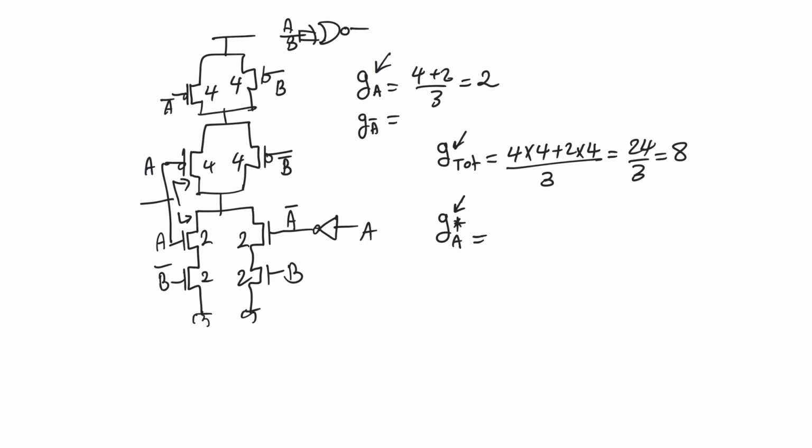So this is going to calculate the input capacitance switched when A and A bar are both active at the same time. And so we're going to have 2 plus 2, these are the input capacitances seen from A bar and A in the pull-down network, plus 4, their capacitance seen in the pull-up network, divided by 3, which is 8 plus 4, which is 12 over 3, which is 4.